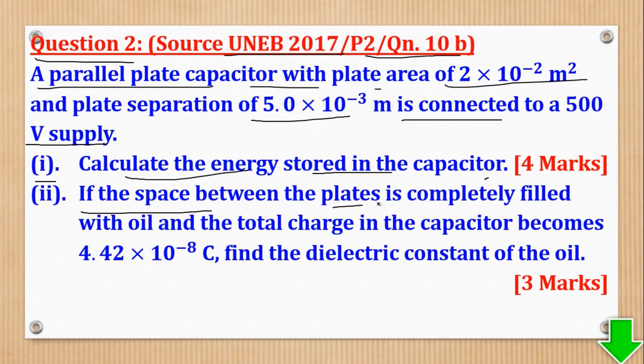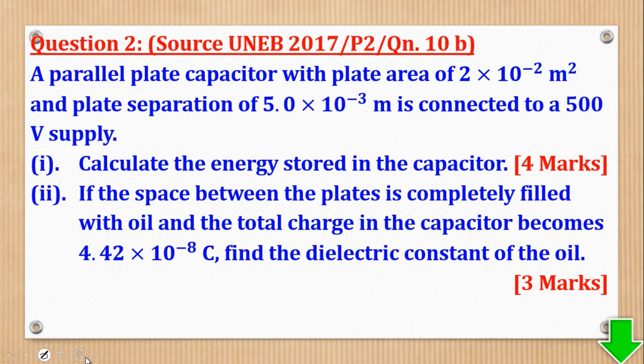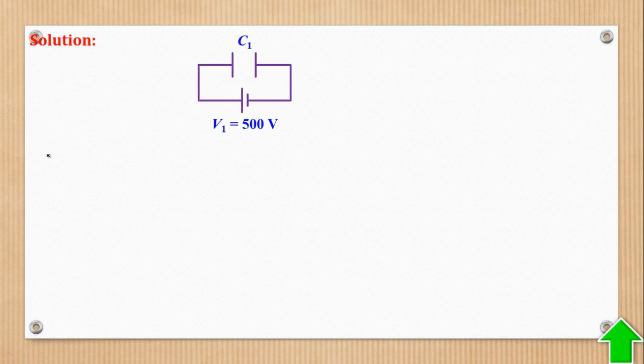If the space between the plates is completely filled with oil and the total charge in the capacitor becomes this, find the dielectric constant of the oil. So that is when there is no dielectric, and this is when there is a dielectric.